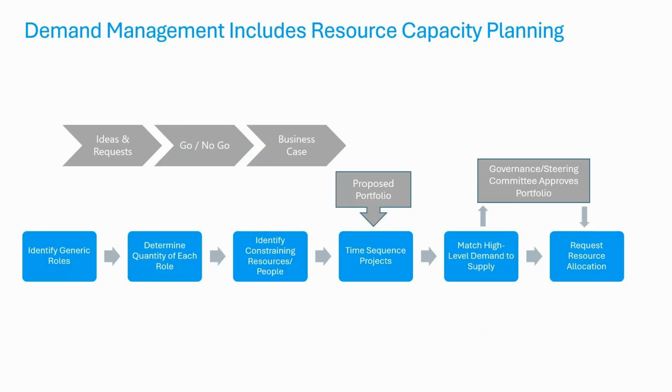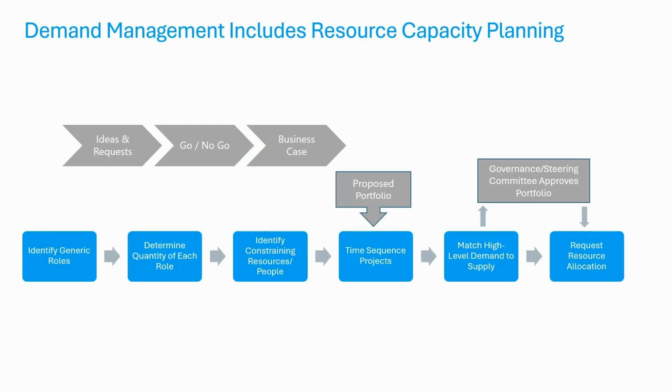We might have identified constraining resources and people, like we said, those shared resources that may be scarce. But then the ideation process and request processes are happening in the demand realm in parallel with that. We might have ideas that get submitted. We might say, all right, is this even worth pursuing? A go, no go to do further evaluation and build a business case? Do we even invest time in this request or idea?